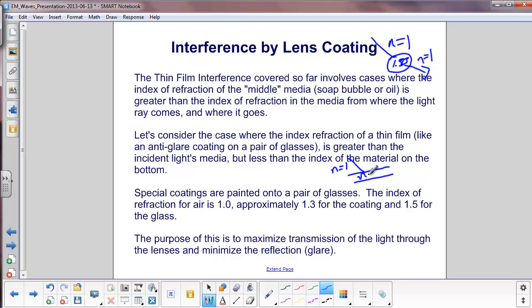The coating would have an index of refraction of 1.3, and then down here you'd actually have your eyeglasses, and that has an index of refraction typically of 1.5. So we're going to see what happens in this case. And the purpose of this is you want to maximize the transmission of the light through the lens and minimize the reflection, or another word for that would be glare.